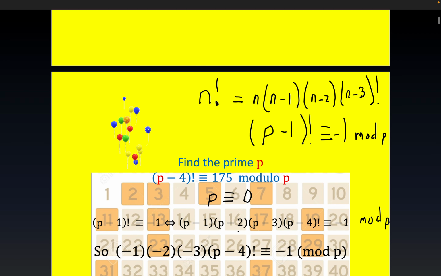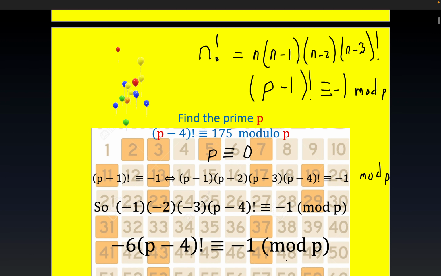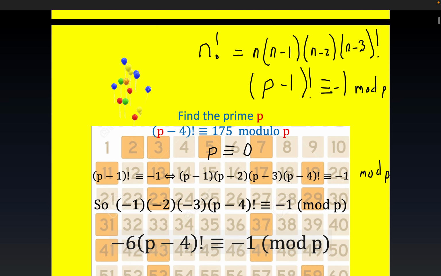And so then I replace P with 0 here and here, and you get minus 1, minus 2, minus 3, minus 1. Again, very straightforward. Now, this all multiplies out to negative 6. Then we have minus 6 times P minus 4 factorial is congruent to minus 1.